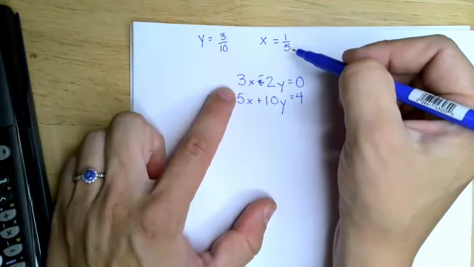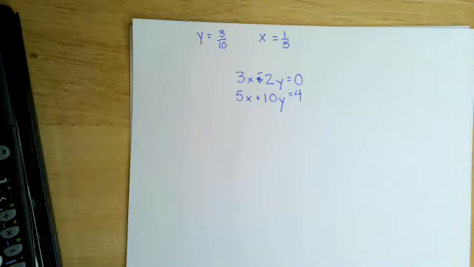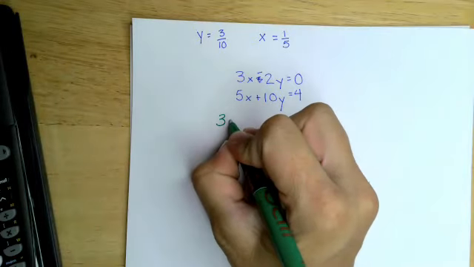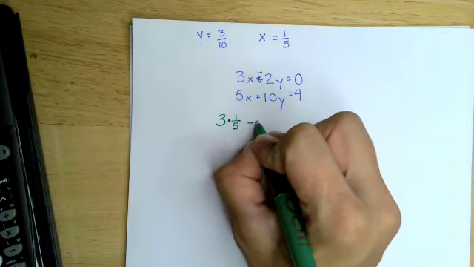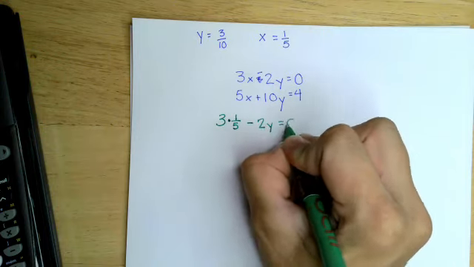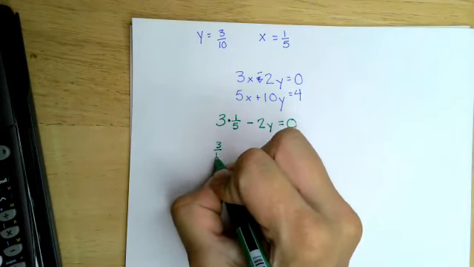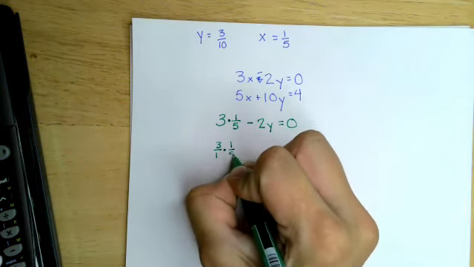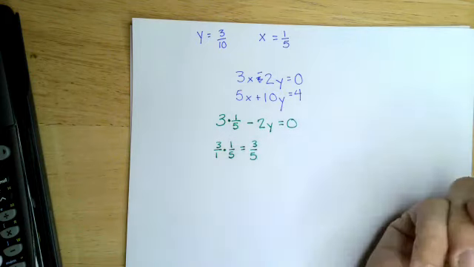Putting x as 1/5 into the first equation is going to be the hard way. 3 times 1/5 minus 2y equals 0. So that's 3 over 1 times 1 over 5. That becomes 3 over 5.